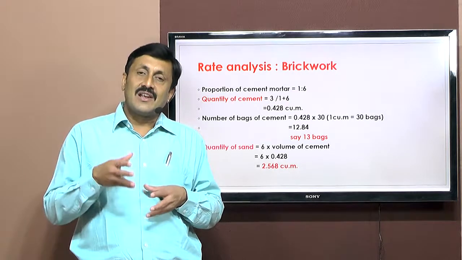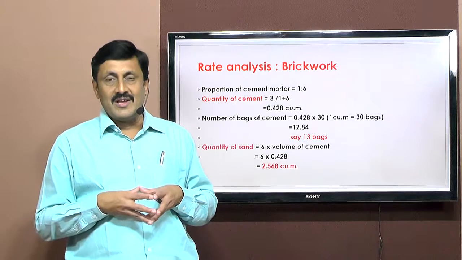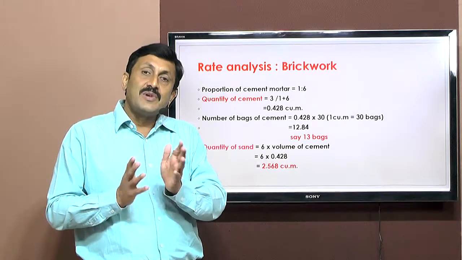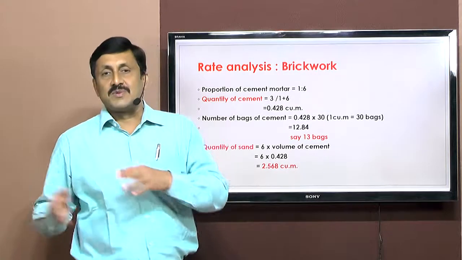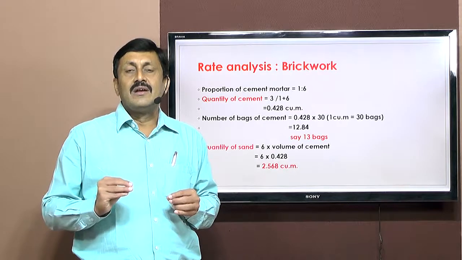He will ask exactly how many bags of cement you need. Don't tell me the volume of cement which is required. For that purpose, engineers should know exactly what is the conversion between cubic meter cement and number of bags of cement. Here some important information I'll be giving.